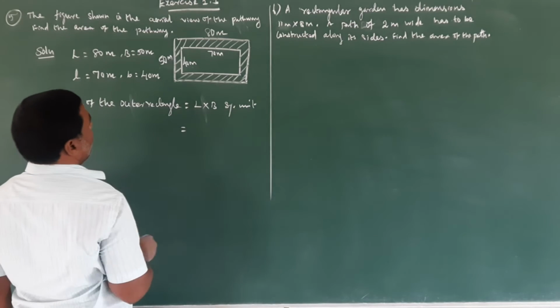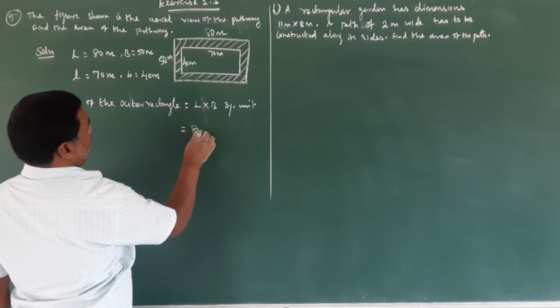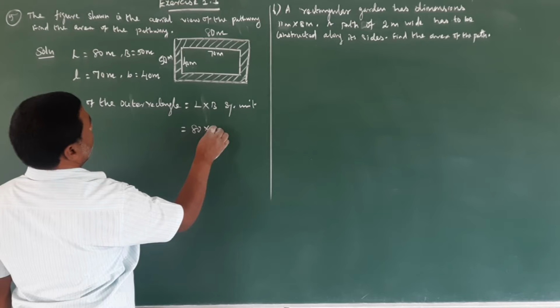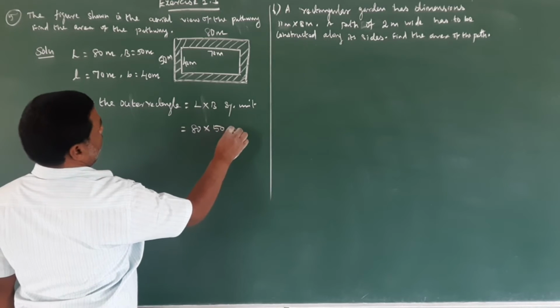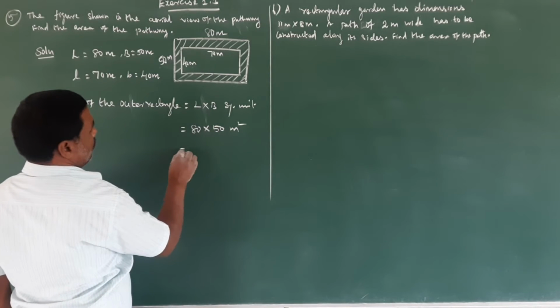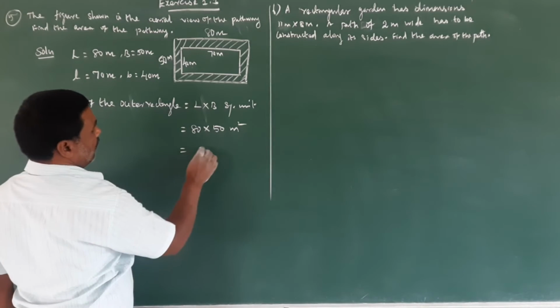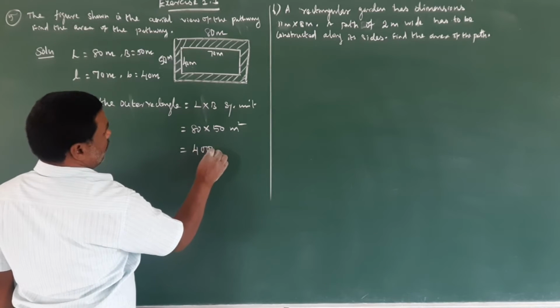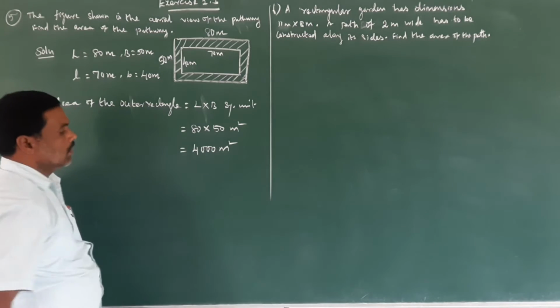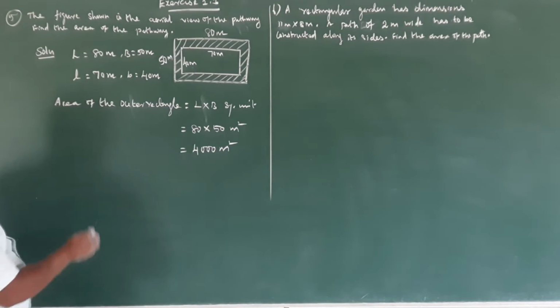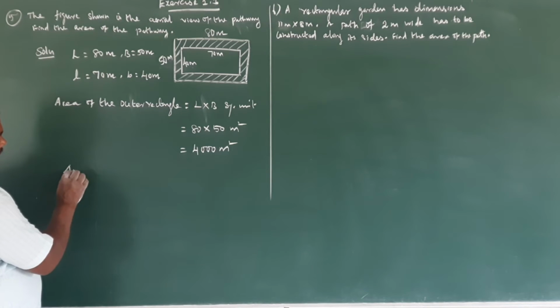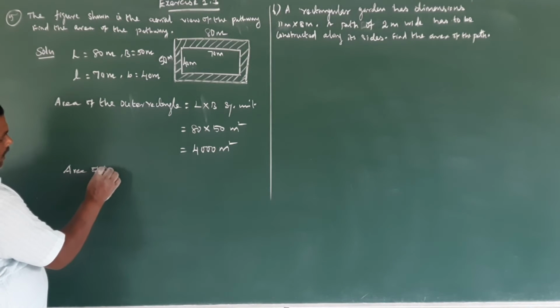Now capital L 80 into 50 meter square. Now 5 8s are 40, 4,000 meters square.